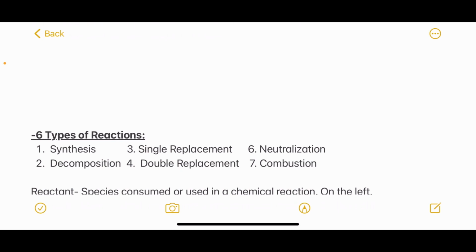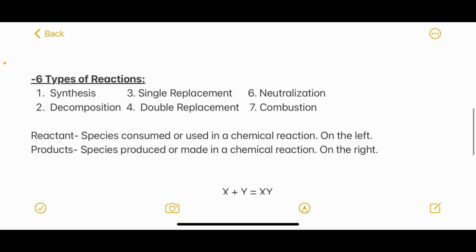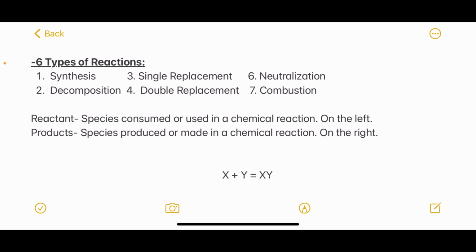And there are 2 components that basically cover these basics in a very good shape. Here we have reactant and product. So reactants are basically the species of elements or compounds which are consumed or used in a chemical reaction. Whereas products are species which are produced or made in a chemical reaction.